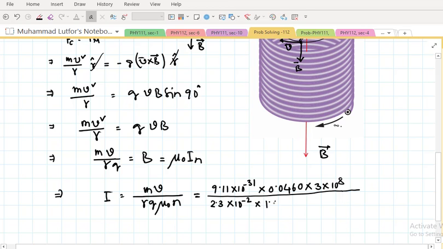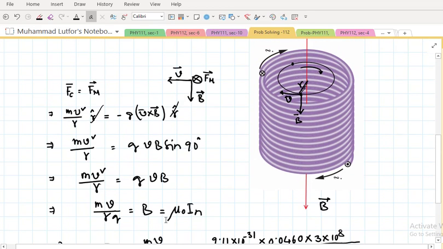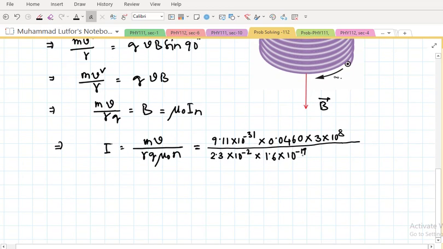Charge of the electron is 1.6 into 10 to the minus 19. I didn't use the minus sign because this minus and that minus sign are going to be a plus over here, and that's why I neglect that minus sign. Into mu naught, which is 4 pi into 10 to the power minus 7, that's the constant that would be given.